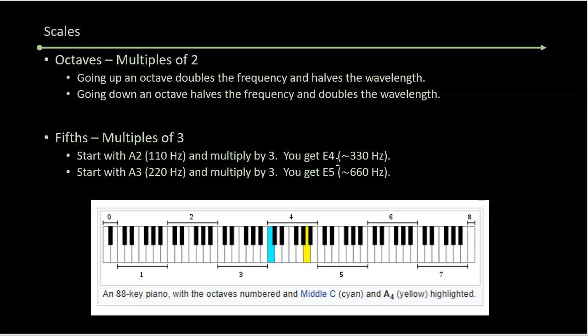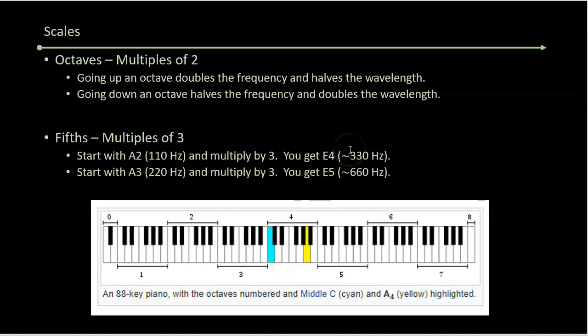The other thing we all hear, and we all hear the same, are fifths. And a fifth is really a multiple of 3. So if I go down here and I multiply by 3, I end up at E4, right?